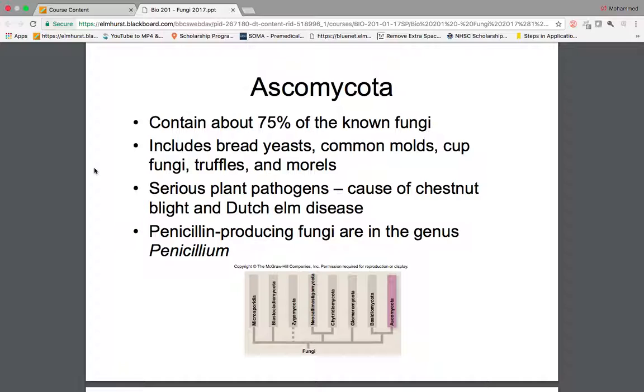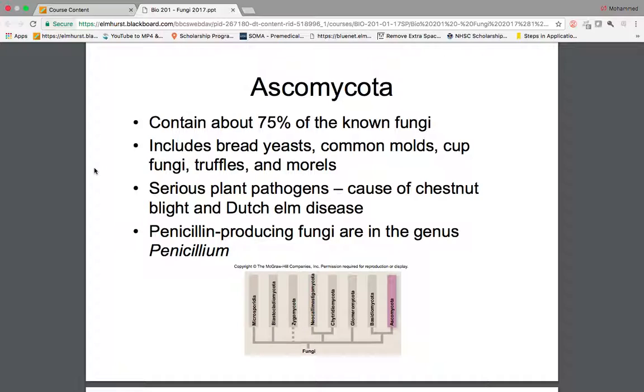So some of the really serious plant pathogens that have happened in the United States are Ascomycota. Has anybody here ever seen an American chestnut tree? No. Which is pretty amazing, because a little more than 100 years ago, 110 years ago, if you were to look in the forests just to the east of here, about 90% of the trees were American chestnuts.